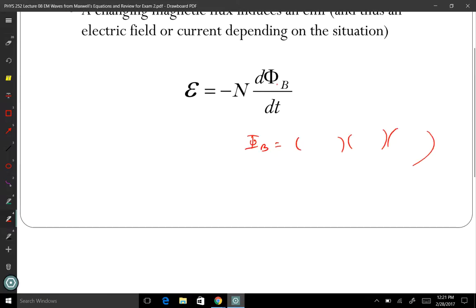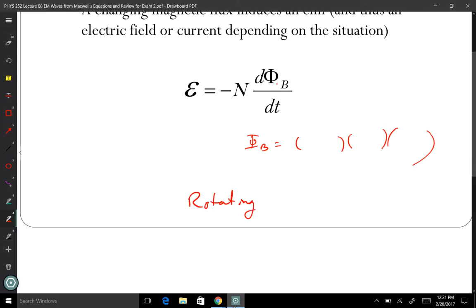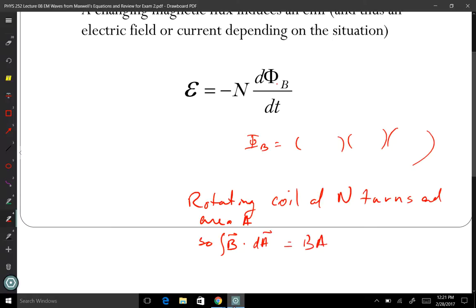So the cleanest and most common example of this is you have an electric generator that is rotating coil of N turns and area A. So let's go with sine.